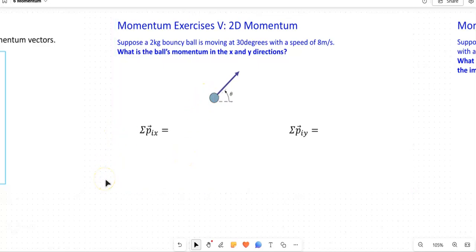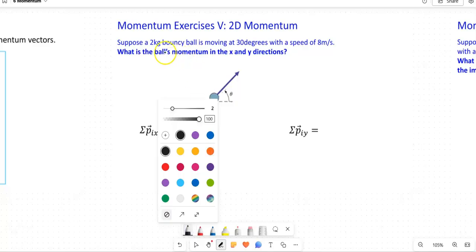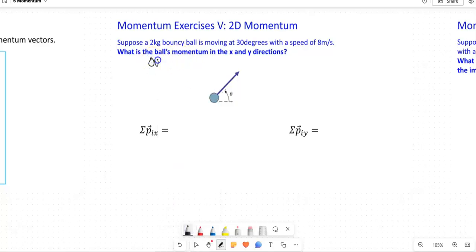So not only should you calculate its momentum in the x and y direction, but also figure out the overall momentum. Go ahead and try this out and pause the video now.